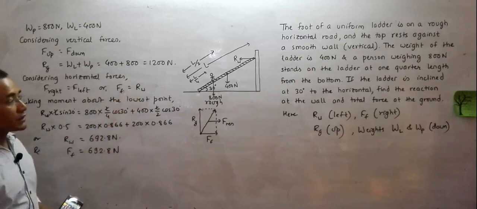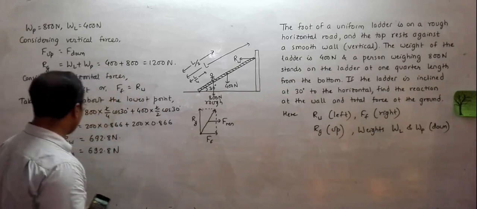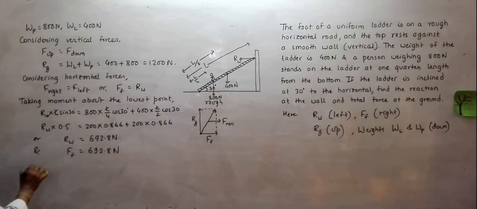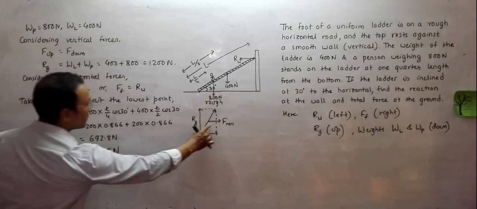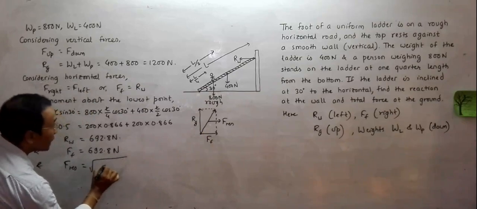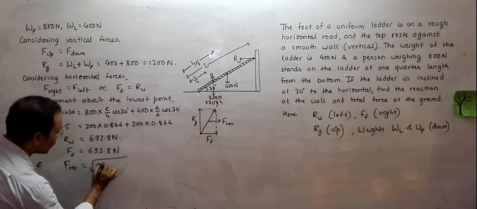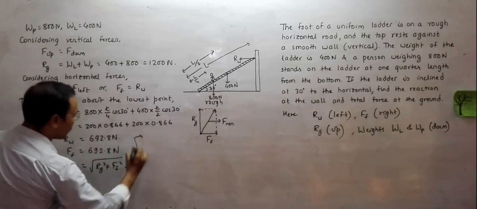And now the resultant force. F resultant, from this triangle, will be equal to the square root of RG square plus FF square.